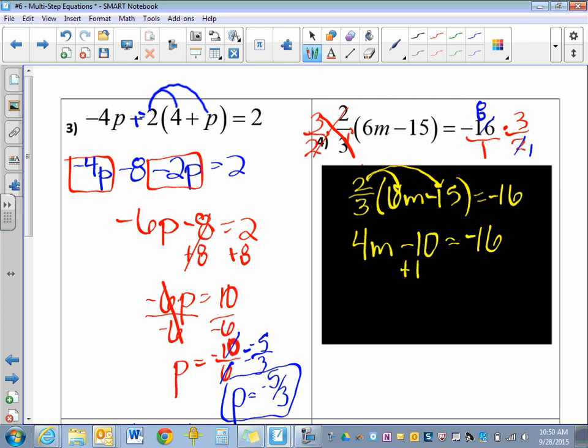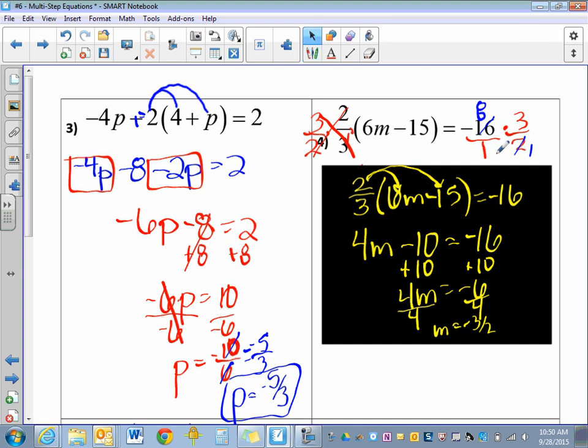Then add our 10. So I get 4m equals -6. And then divide by 4. And we get m equals, and this again reduces down to -3/2. Alright, so notice that's another way to do that, where you can distribute it there.